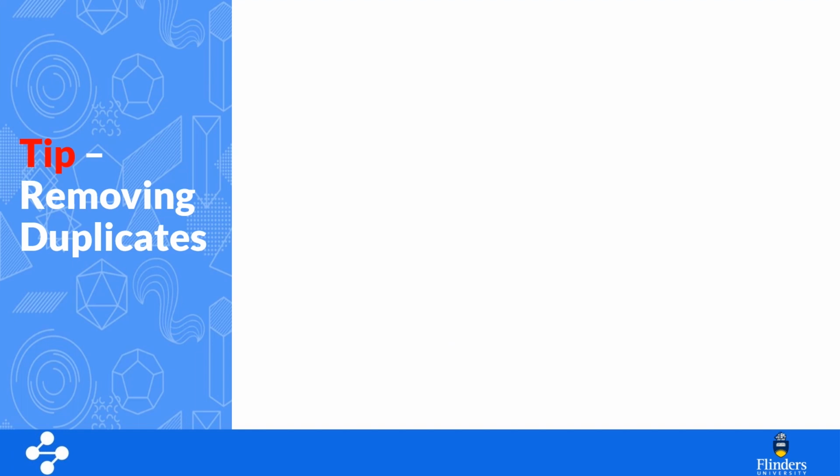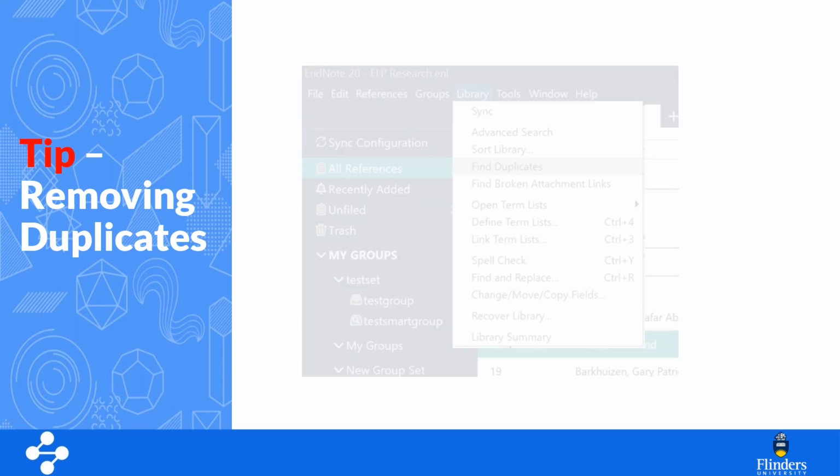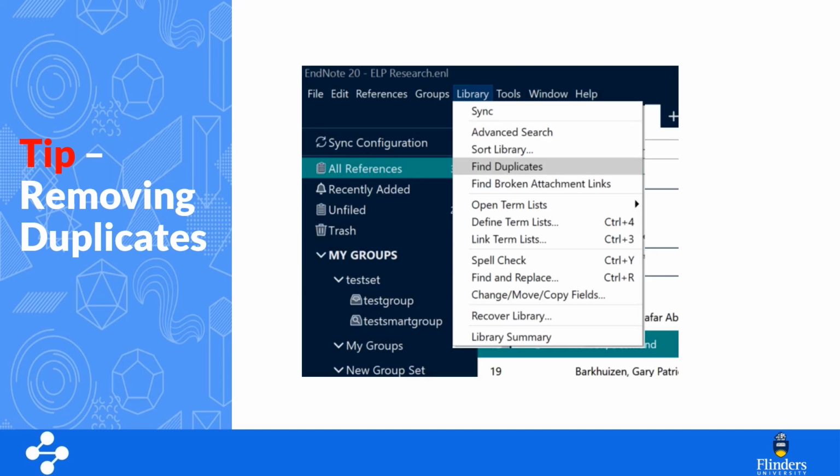You may have imported the same reference more than once, which will result in multiple entries in Endnote which are similar. As Endnote treats all these entries as separate references, it is important to remove the duplicates from time to time. To do this, click Library on the menu, then click Find Duplicates.